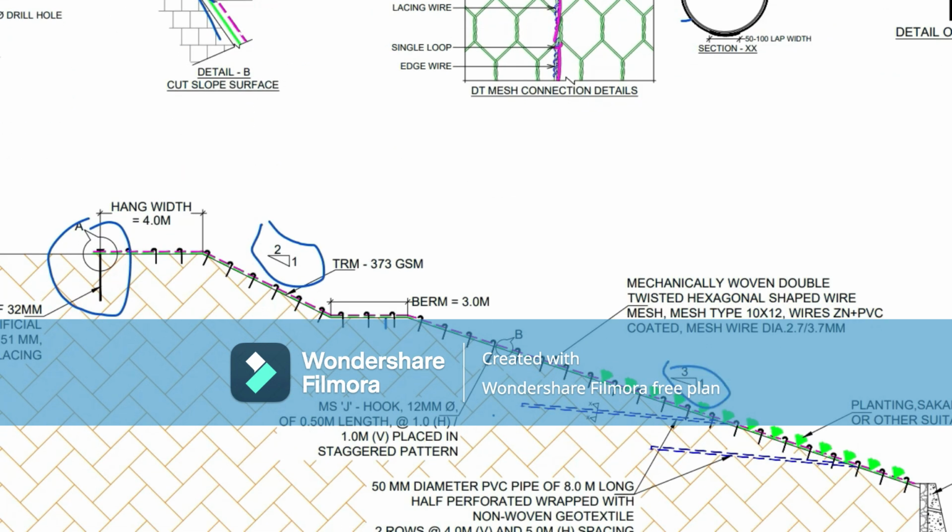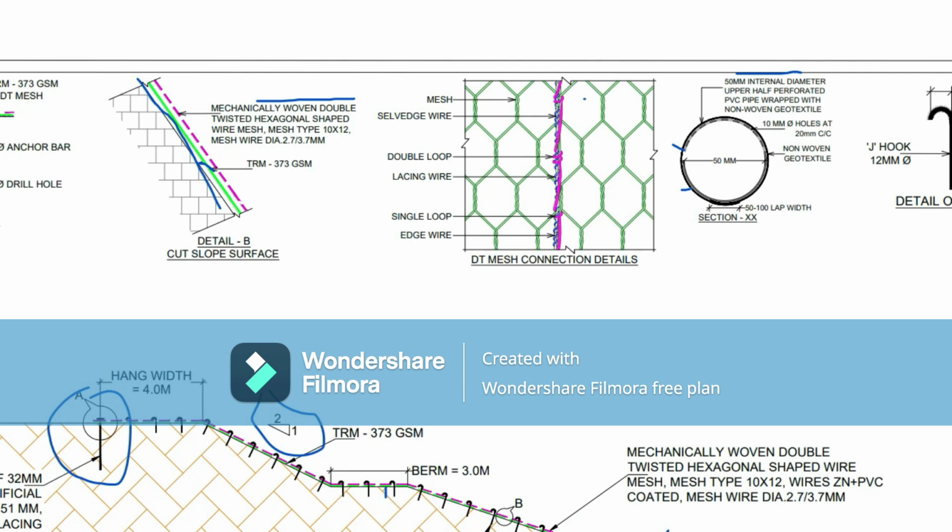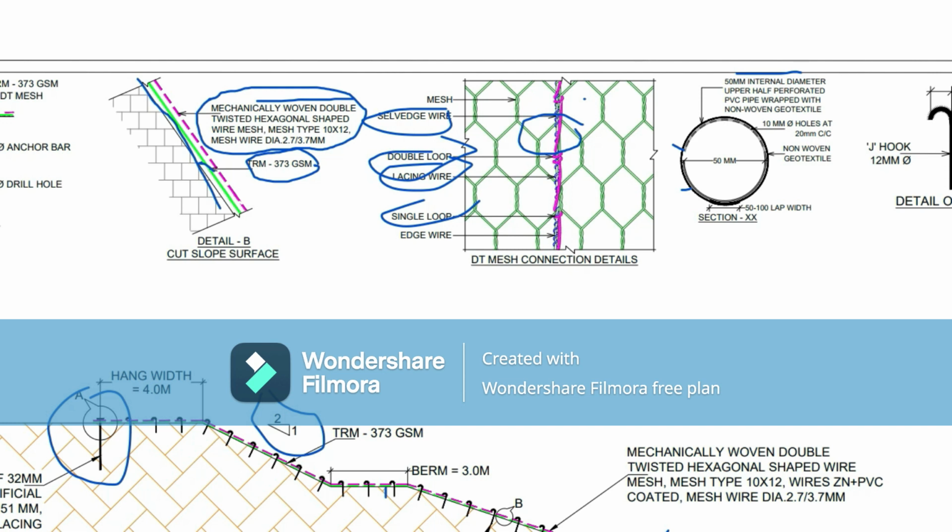After preparing the slope, they attach the high performance turfing geosynthetic mat, and along with it attach the double twisted hexagonal mesh. Here the two meshes are stitched with cleavage wire and lacing wire, with single loop and double loop.